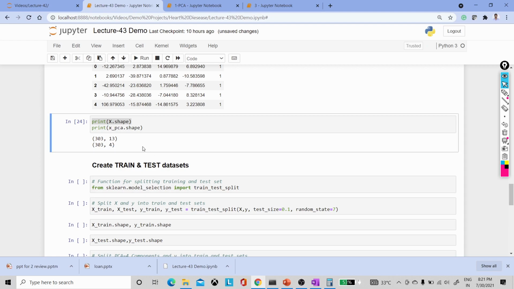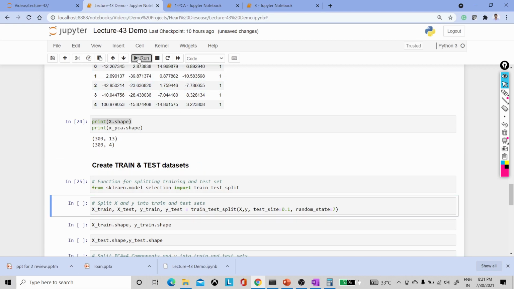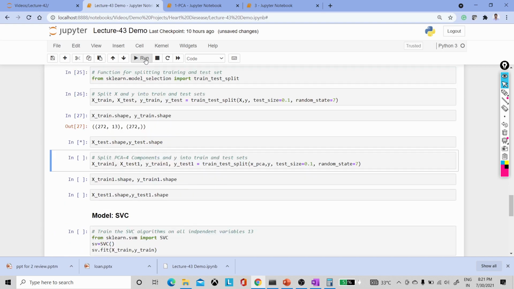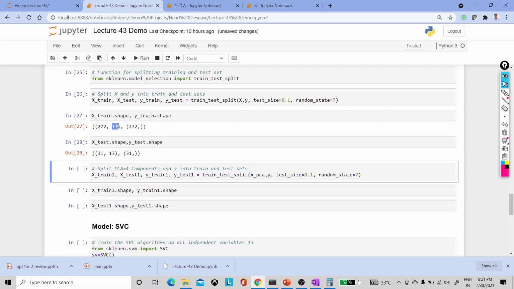So what I am doing here is dividing my 13 features of information. I am taking this X value, meaning 13 features, and taking the X train, Y train, so 13 feature columns. Next, I am taking the XPCA.